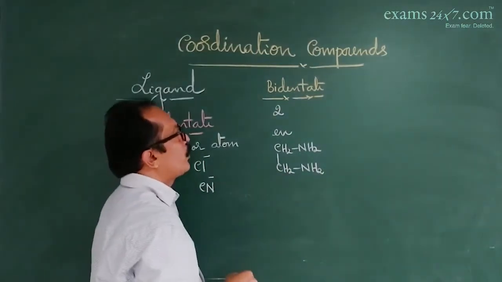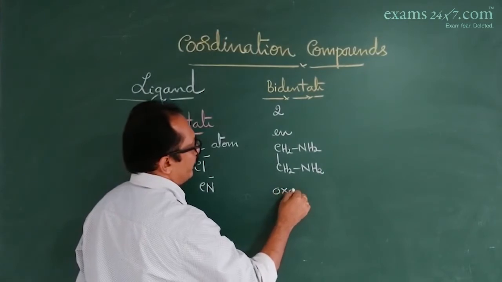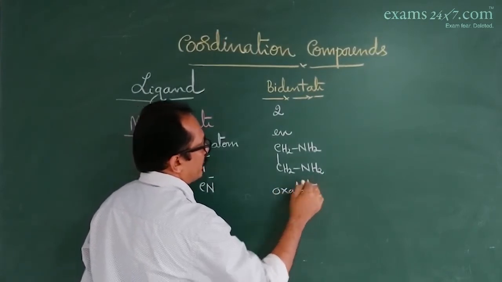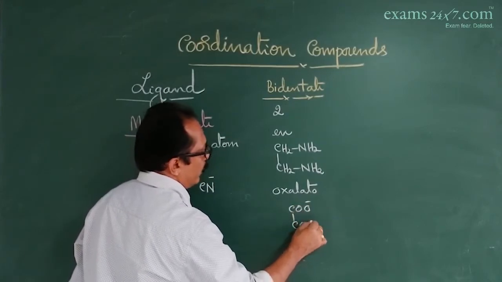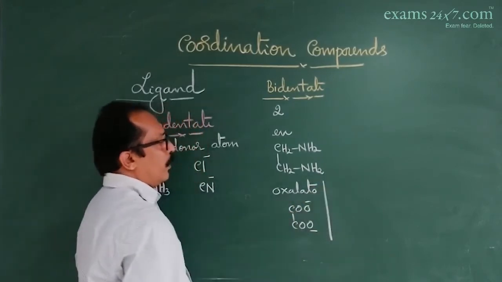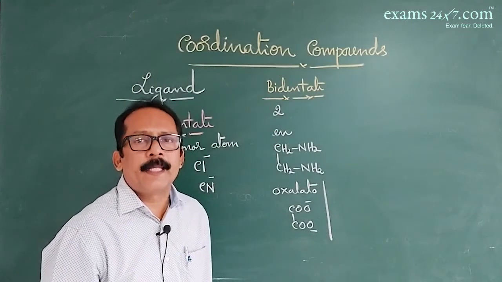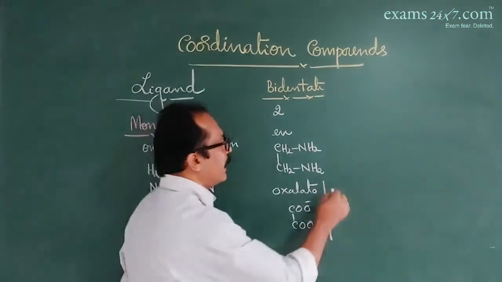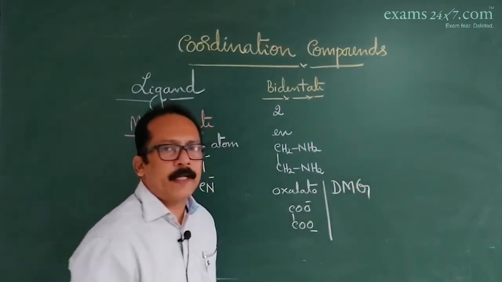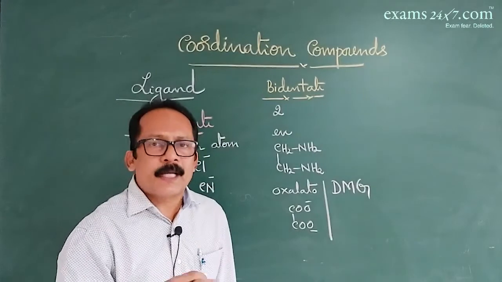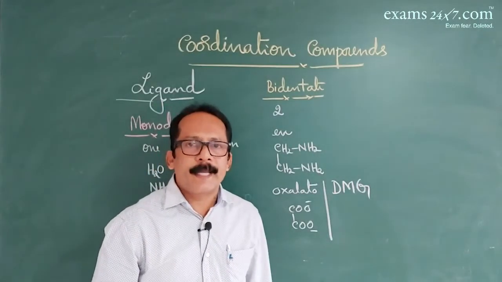This is an example of neutral bidentate. Now, negative bidentate, oxalate ion, COO minus, COO minus. One more example for negative bidentate ligand, DMG, dimethyl glyoximate.